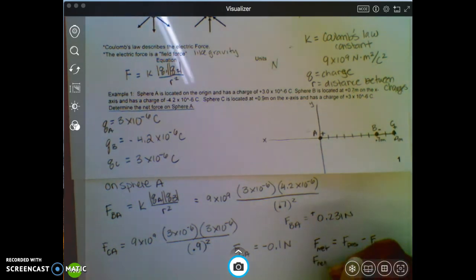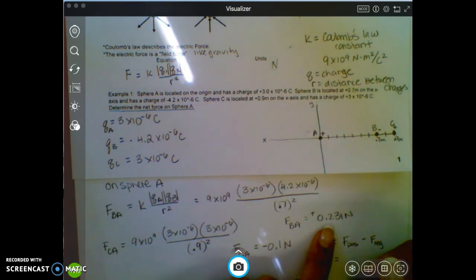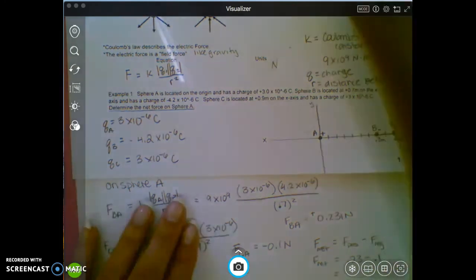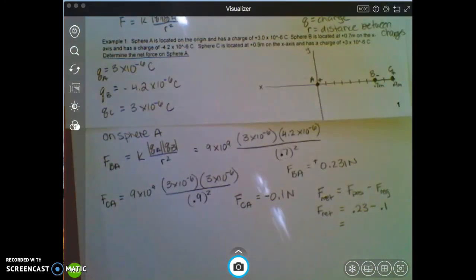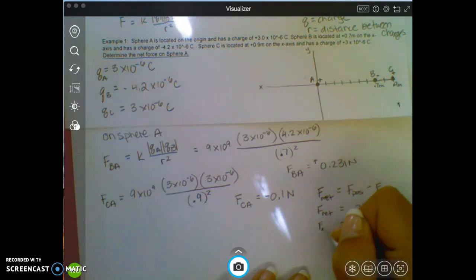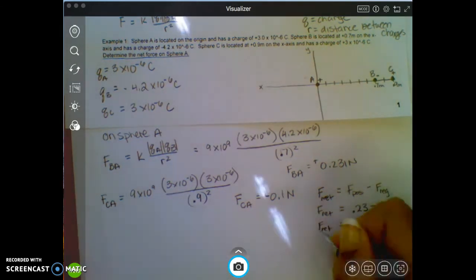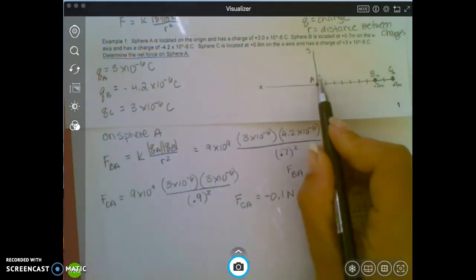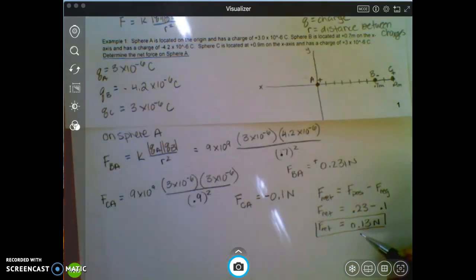So the net force is going to be the positive force, 0.23, minus the negative force, 0.1. 0.23 minus 0.1, we get 0.13. I probably could have just done that in my head, but we get a net force of 0.13 newtons for sphere A, which means that it's being pulled in the positive direction with a force of 0.13 newtons.